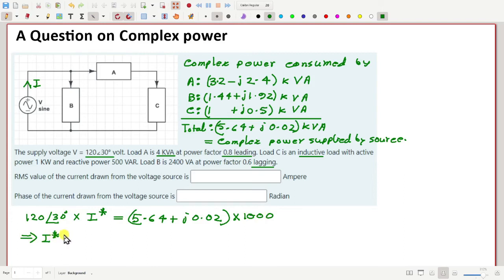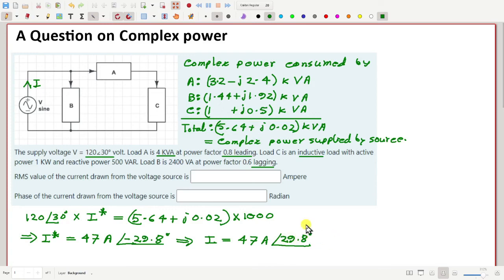If you divide, I star comes out to be very close to 47 ampere with an angle of minus 29.8 degree. That means the current I will be the conjugate of this, 47 ampere at an angle of plus 29.8 degree.